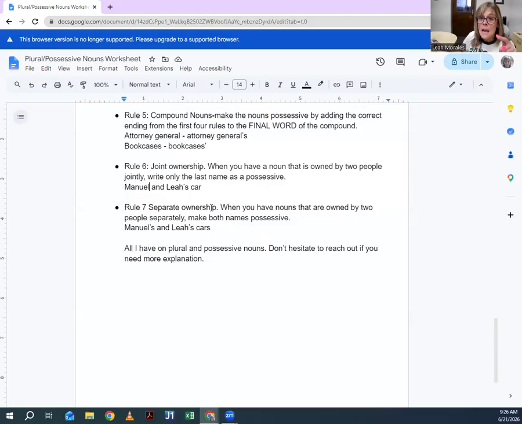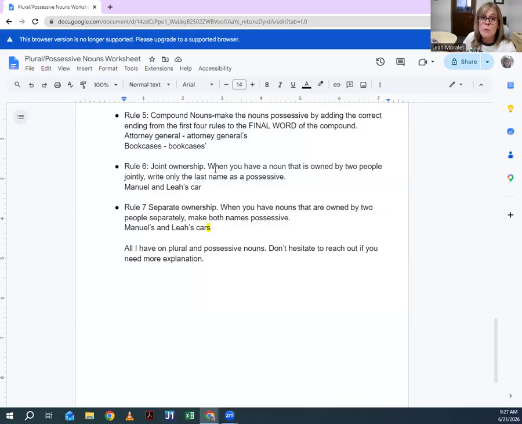If you have separate ownership, if you have nouns that are owned by 2 people separately, make both names possessive. Manuel's and Leah's cars. See the S here, so you know that there's 2 different cars going on here, right? So that means his car and my car, both of our cars, the car he owns and the car I own, are both in the shop or wherever they are, okay?